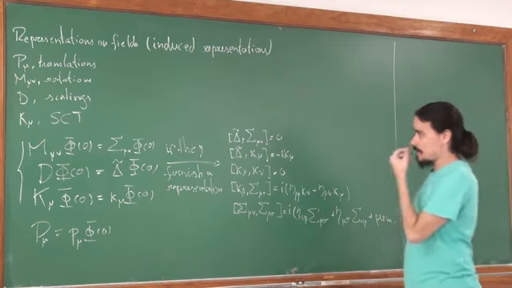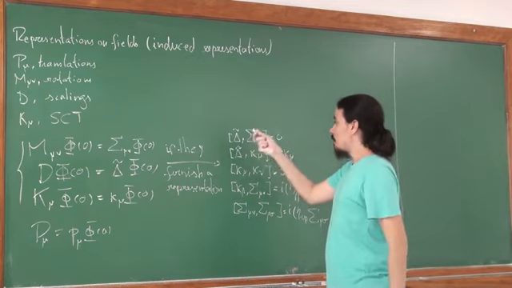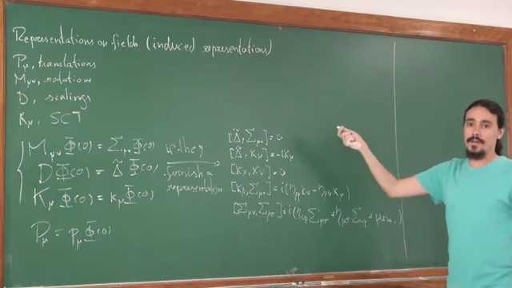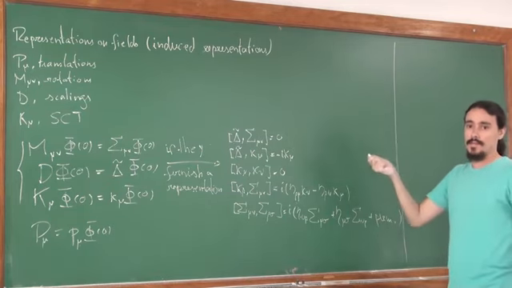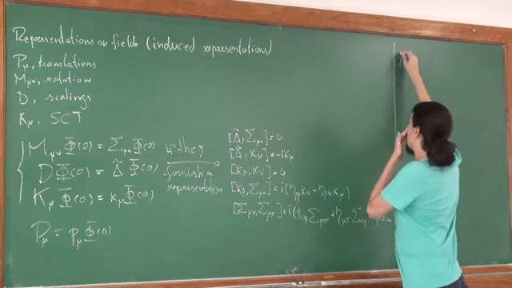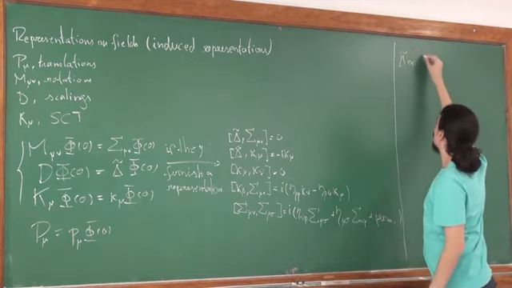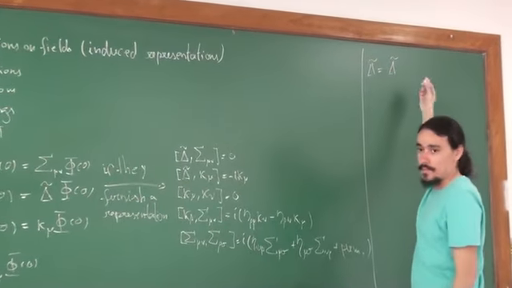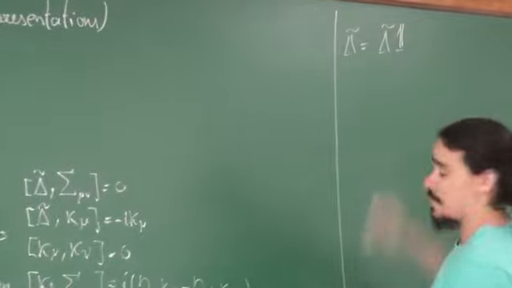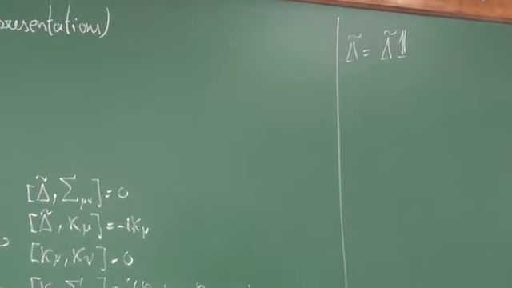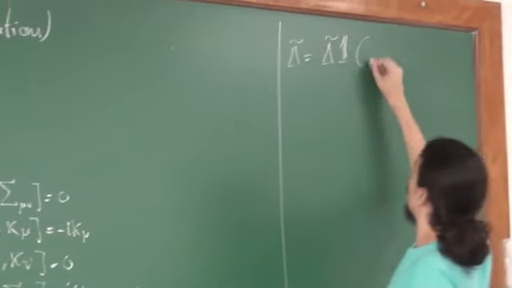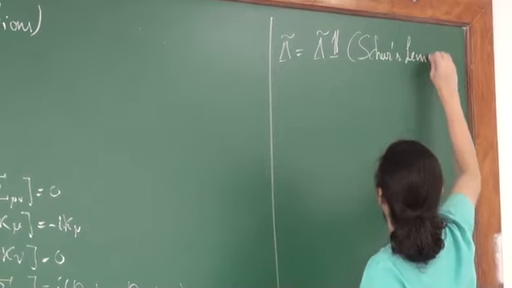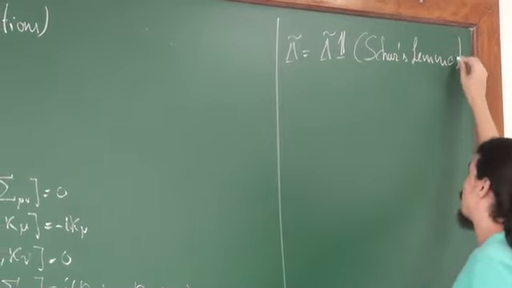It basically says that if these guys do commute with the rotation operator, then delta tilde must be proportional to the identity. Okay? It is actually a number, delta tilde, times the identity. This is one of Schur's lemmas.